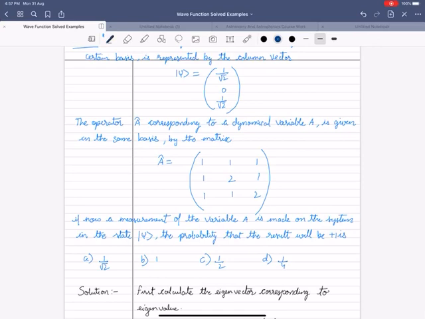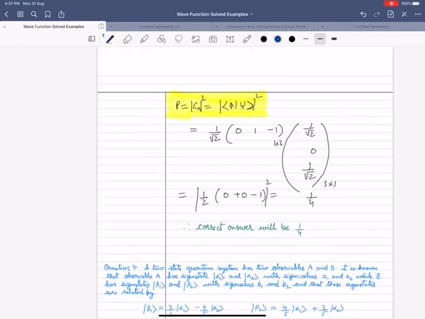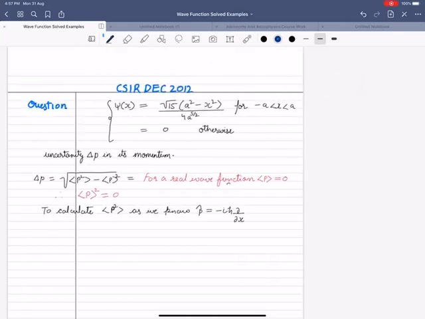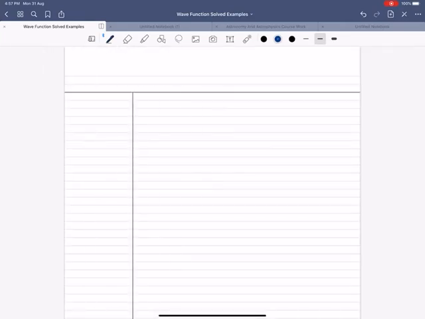So basically you can see this question. Before starting this question I have to clear some basic concepts, so we can do some basic concepts again.